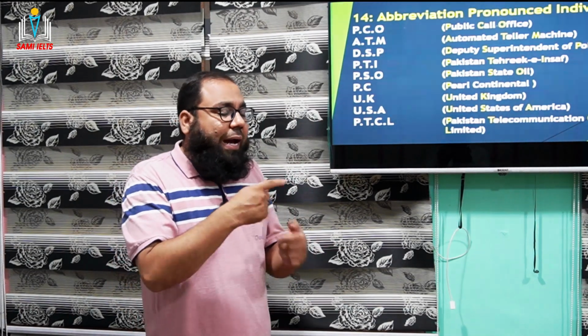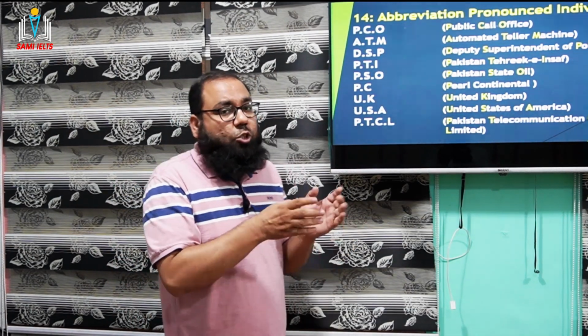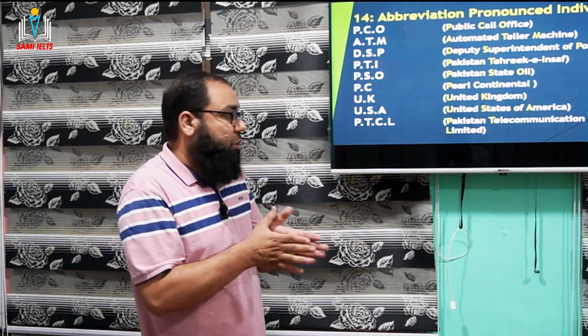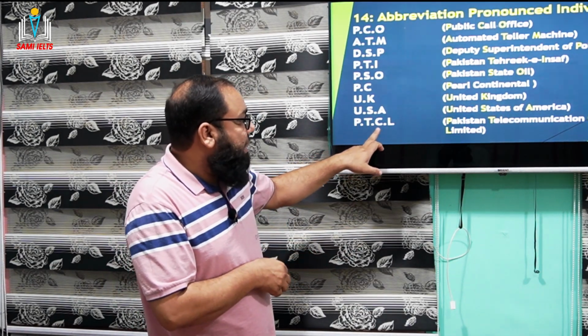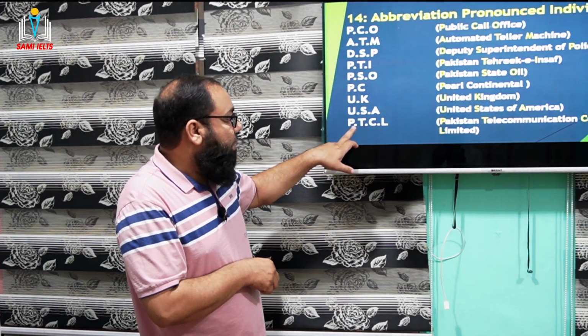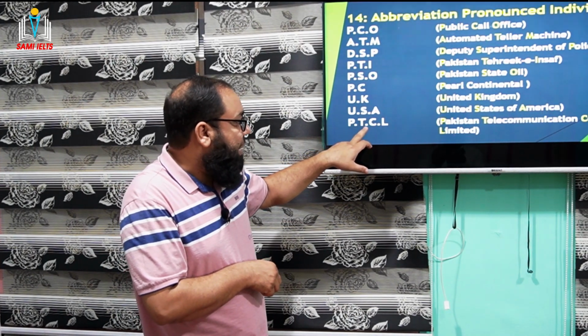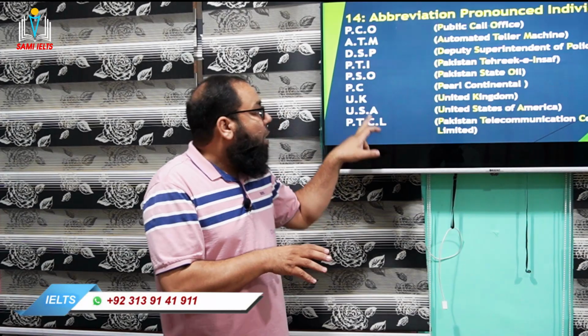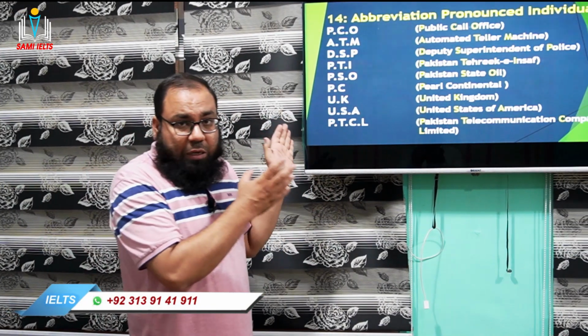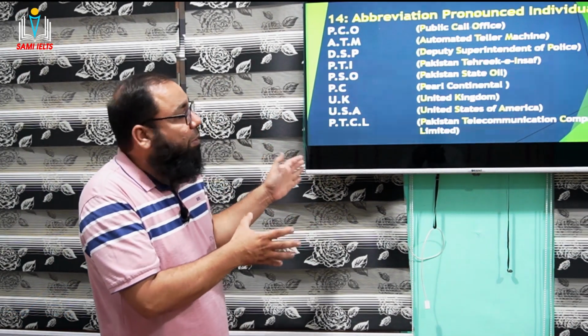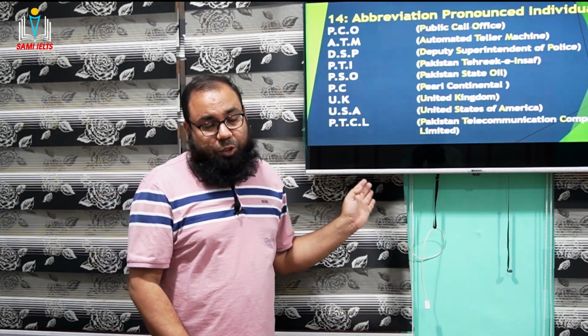Along with that, don't forget to apply full stops in between these letters. As you see here, P, T, C, L, and we're even having a full stop after P, and then T, and then C. This is the standard style of writing abbreviations.